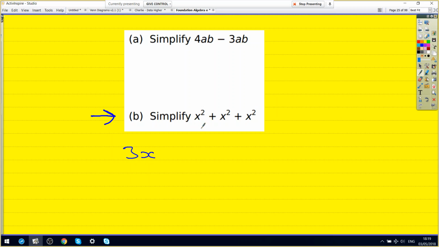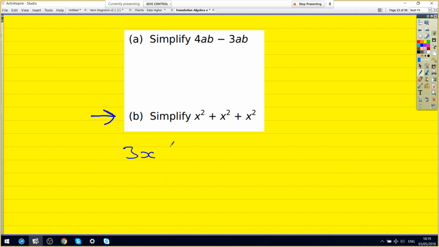x squared plus x squared plus x squared. 8x. So what? It's missing something. It's almost there. 8x squared.